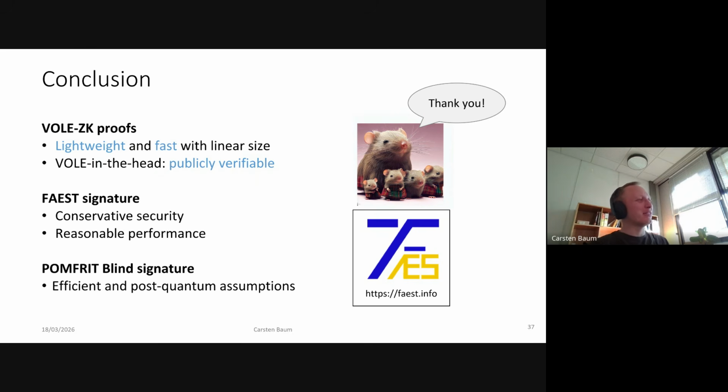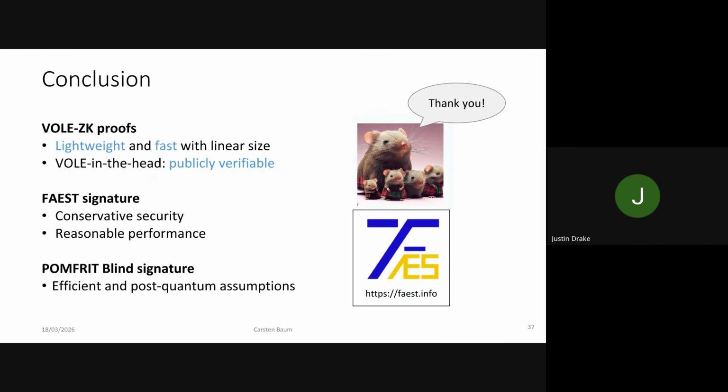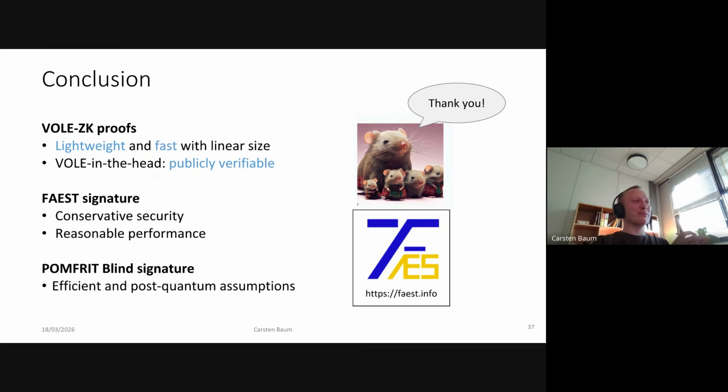I'm also not the most optimistic for FAEST because I'm not sure if this is what NIST is actually looking for. What I think NIST appreciates is that in comparison to other constructions, what is running under the hood is really a full-blown ZK proof system. And this is why we got from FAEST to something like these POMFRIT blind signatures so easily.